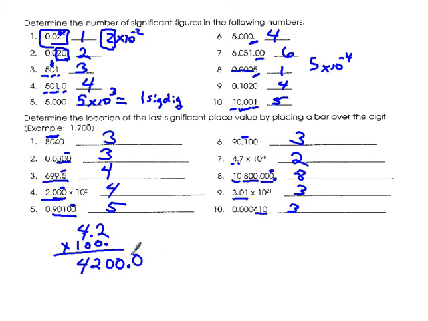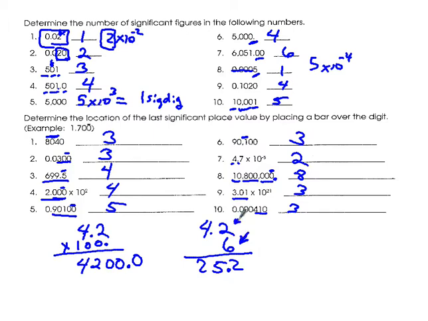Or on the other hand, what if I have fewer significant digits than I'm given? Let's say it's 4.2 times 6. I have 25.2. This 6 has only one significant digit, and this one has two.